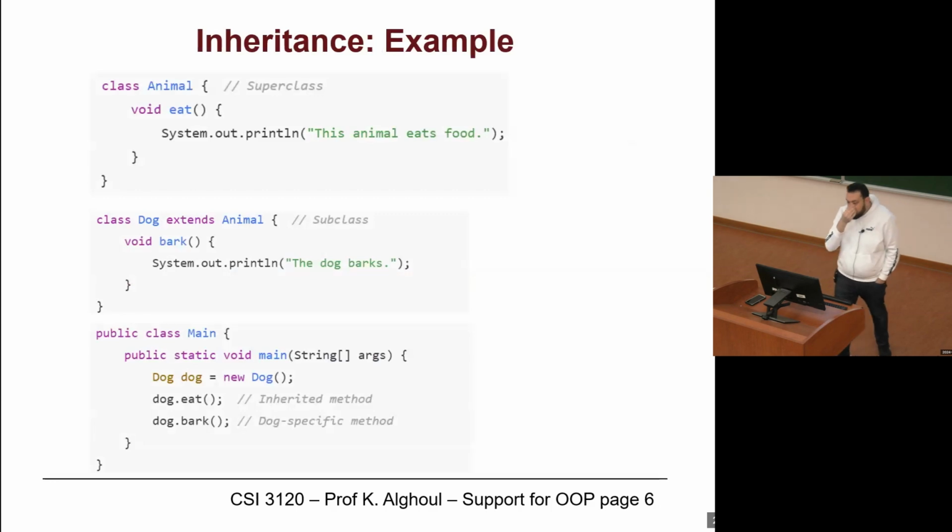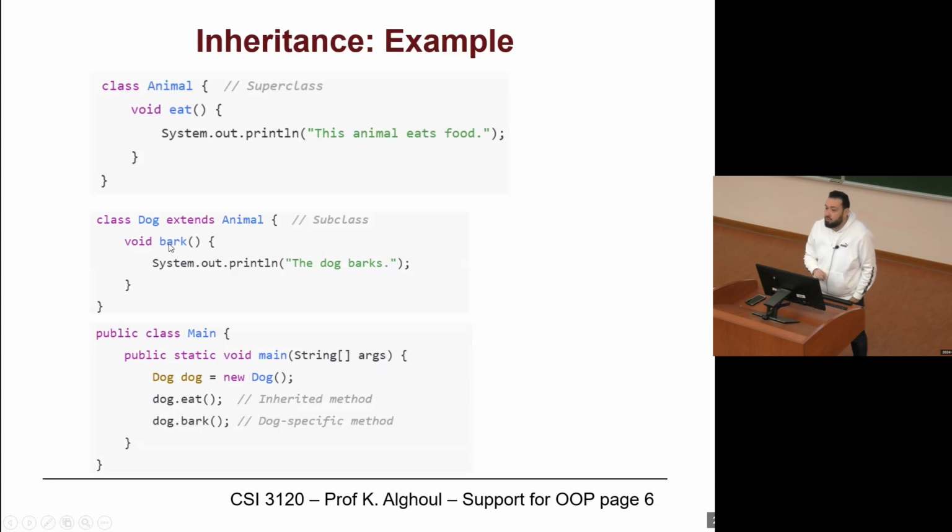An example of inheriting, guys, I'm sure you're familiar with this. So as we said, for example, animal has void eat in it. Function eat, this animal eats food, and then dog extends animal. That means this subclass can actually use the eat from the ADT animal, but also you can just use the bark here.